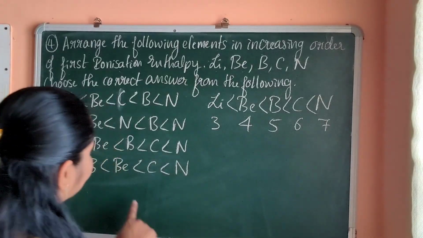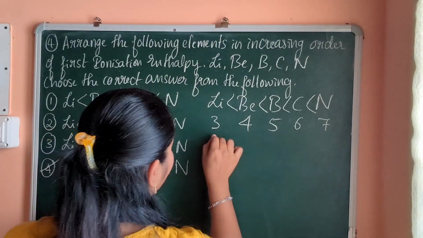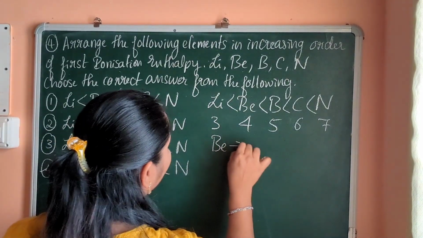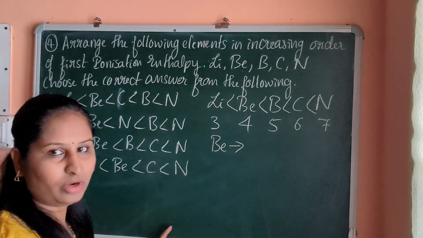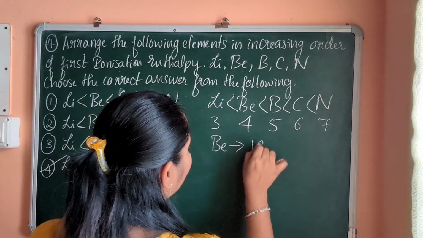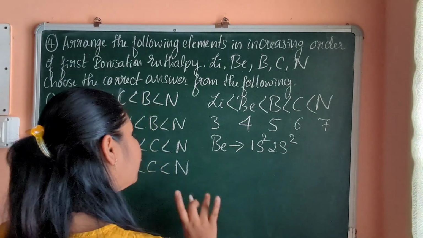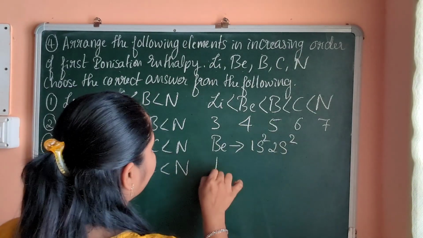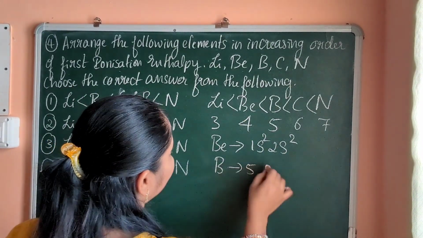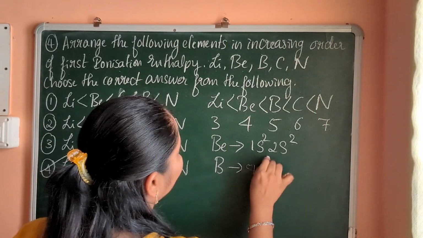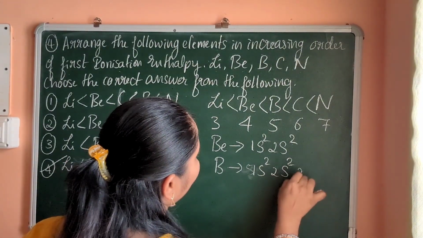Let me take beryllium here and write the electronic configuration with atomic number 4. It is 1s2 and then 2s2, so 4 electrons. Then boron, with atomic number 5, will be 1s2, 2s2, 2p1.